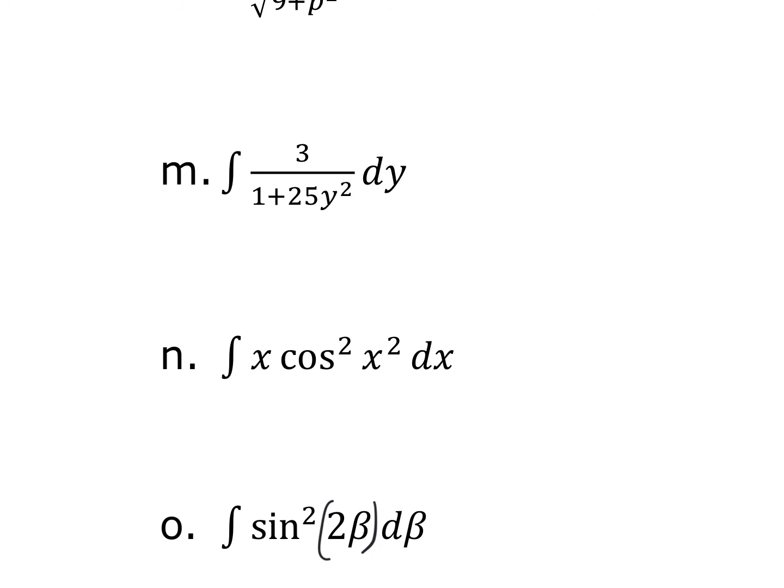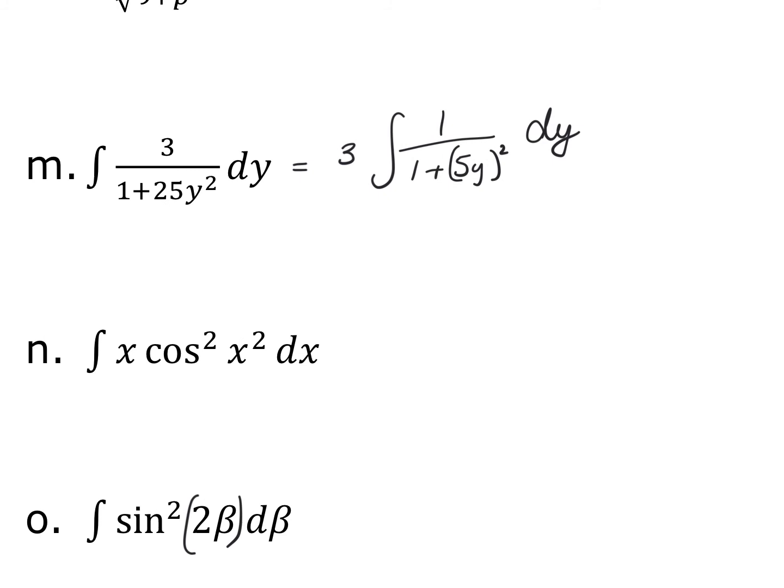M is not quite what I would expect. M is like, how would that work? Well, you can still do this with a u sub, but this actually looks a lot like, if I factor this 3 out and I have 1 over 1 plus, if I were to write this as 5y, the quantity squared, dy, and you're thinking this is supposed to be a u sub. Yeah, this actually kind of looks like the inverse tangent is what it looks like.